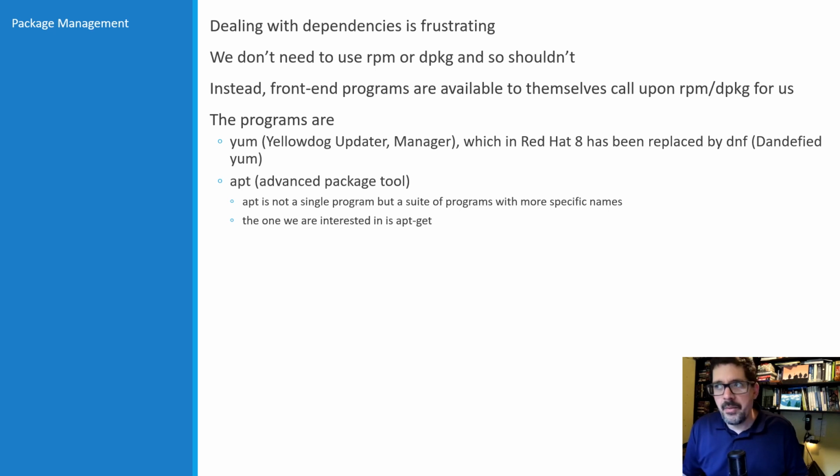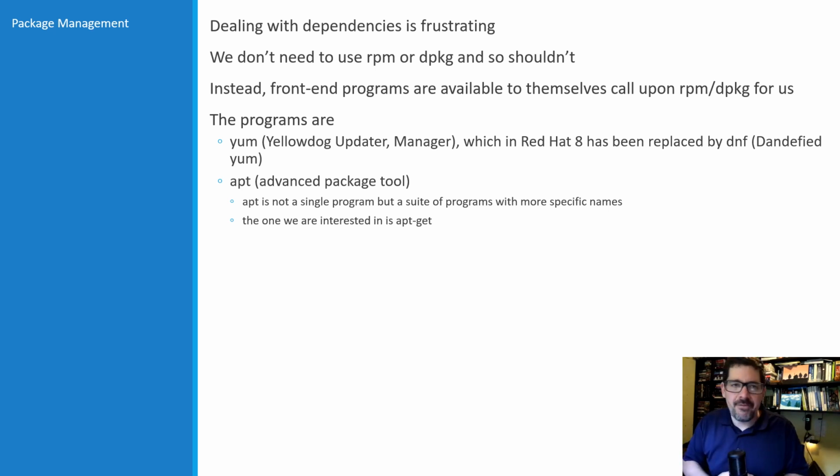And why do people not really worry about this as much? Because very few people are using RPM and dpackage directly. Usually we're using something like Yum or DNF, which replaced Yum, or you're using apt and Debian-based distros. If you have an RPM-based distro, you're probably going to use Yum or DNF. By the way, in most systems, if you use the Yum command, it still works.